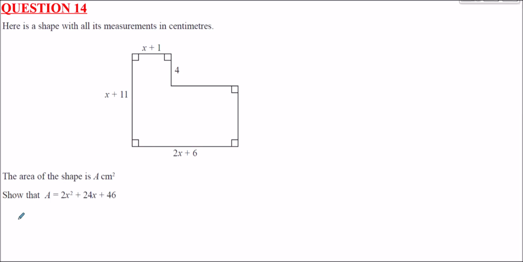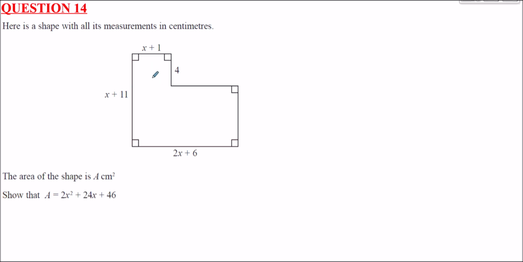Question 14, of a compound shape, essentially two rectangles glued together, and the total area of the shape is A cm squared. We're going to show that A, the area, is the same as this algebraic expression. To work on a compound shape, we need to split it into easier shapes which we know how to work out.